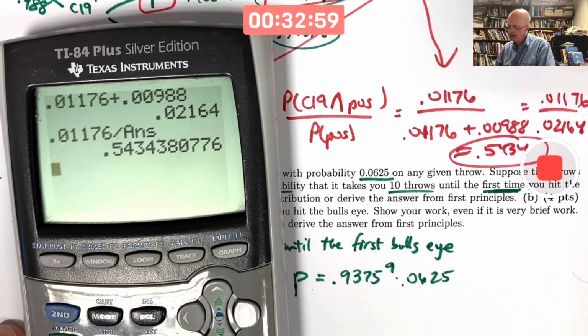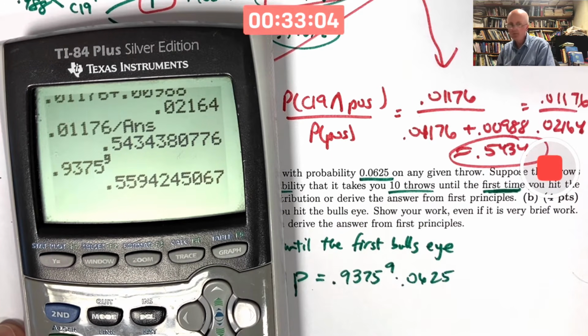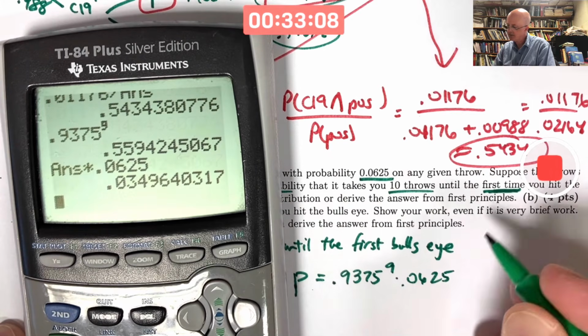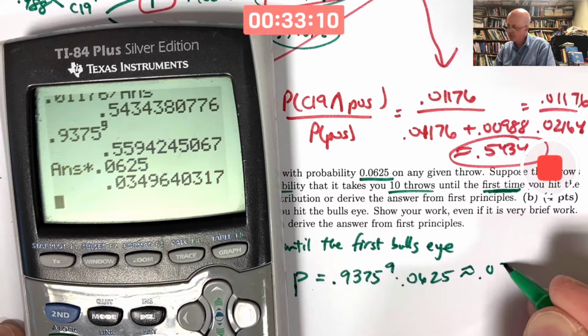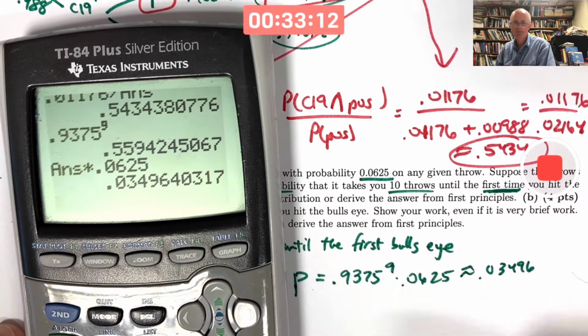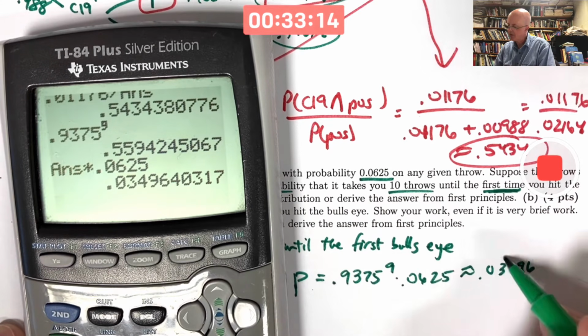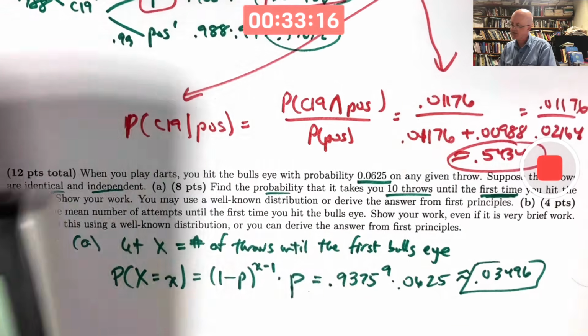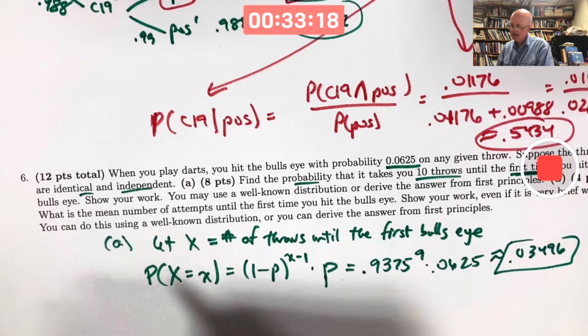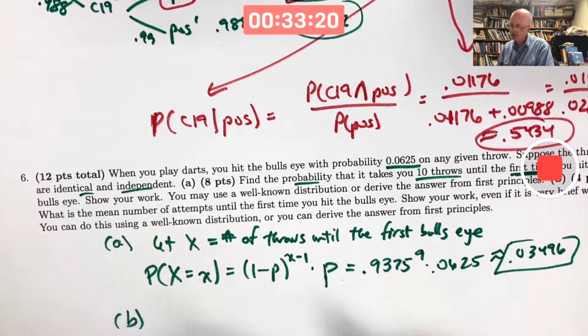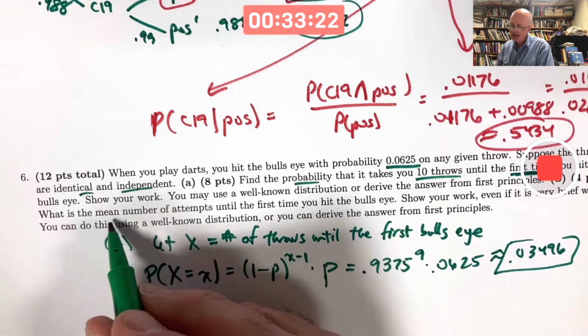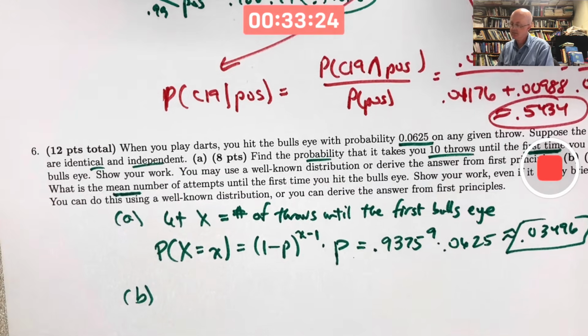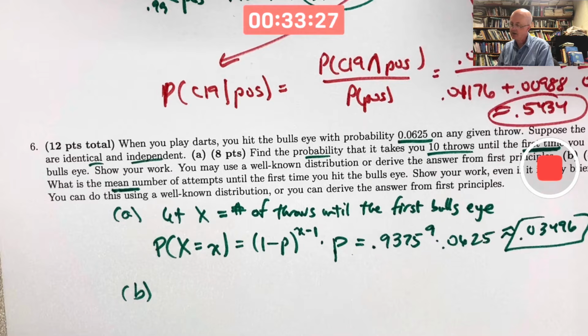So 0.9375 to the 9th power times 0.0625 is approximately 0.03496, the probability that it takes you 10 trials till the first success. Part B asks for the mean expected value, number of attempts until the first time you hit the bullseye.